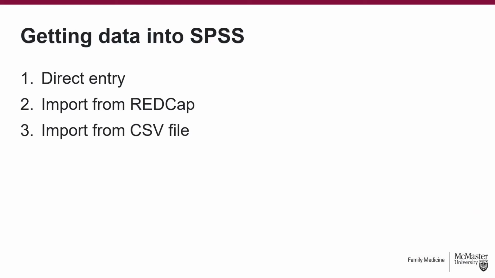If you're unlucky and not working with REDCap, most applications will let you export your data as a .csv file. That's kind of the most basic file type you can have. It's almost like a text file essentially. Or sometimes you're getting data from another source, and the only way that they can give it to you is in a CSV file.